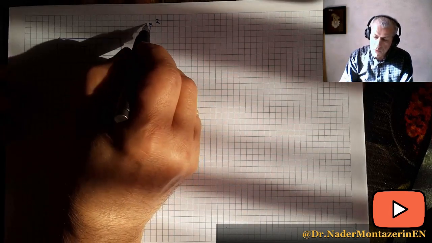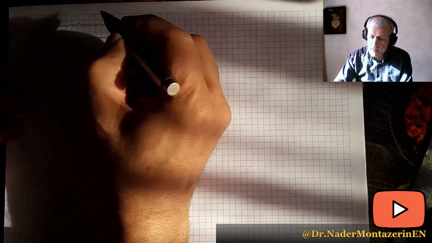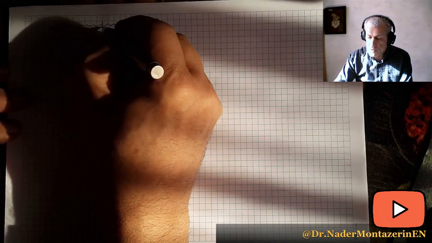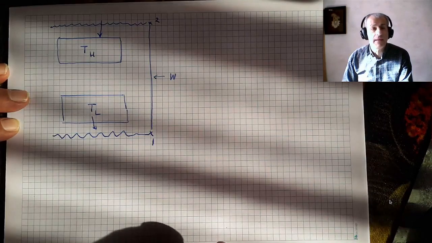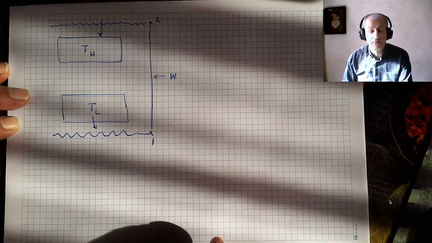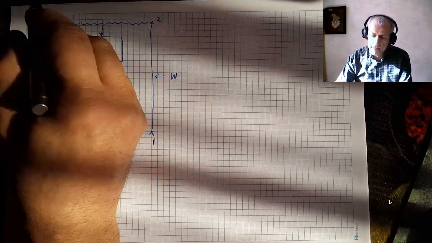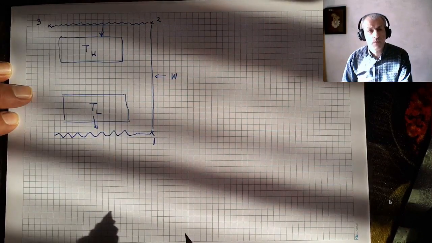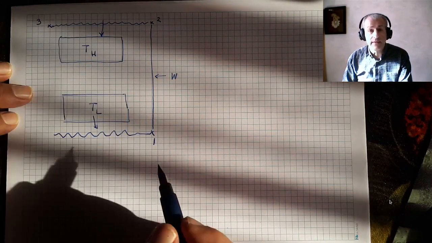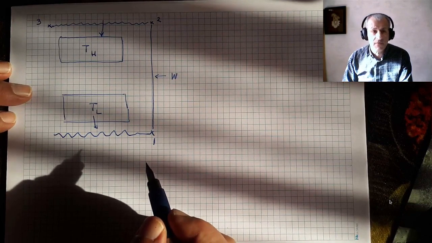So if you put them in thermal contact, then heat would be transferred from this high temperature medium into the high temperature reservoir. This would be point 3.